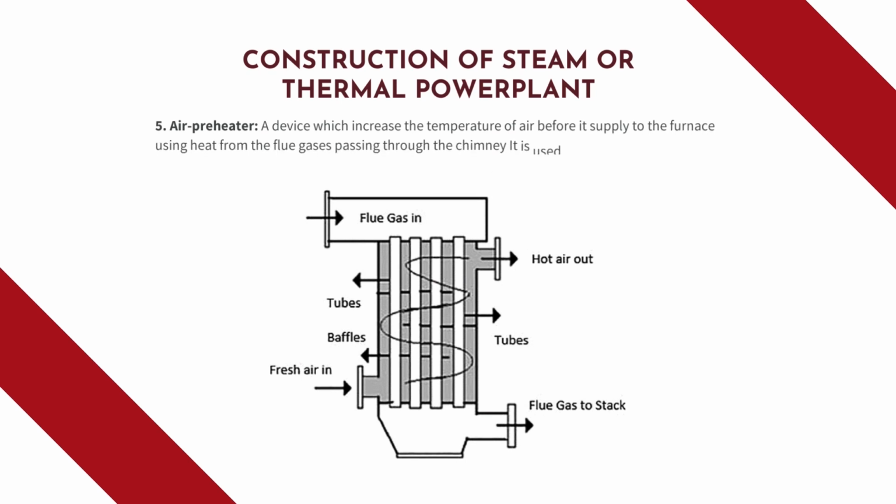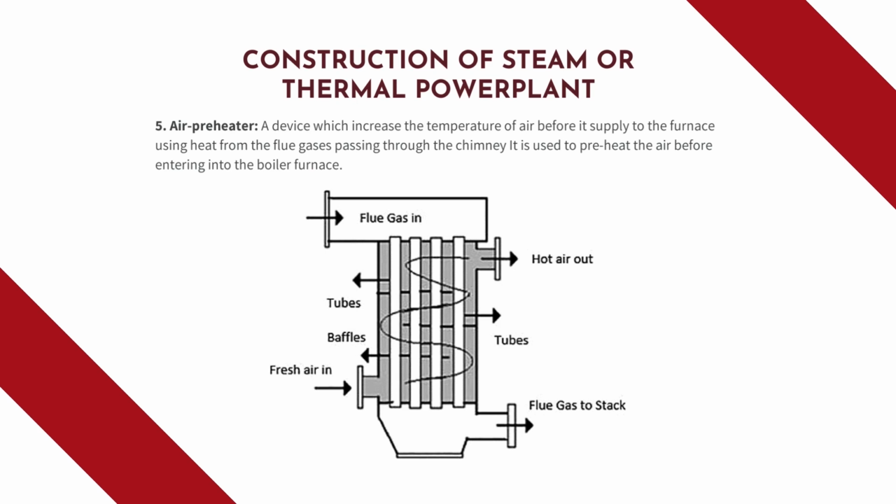An air preheater is a device which increases the temperature of air before it is supplied to the furnace, using heat from the flue gases passing through the chimney. It is used to preheat the air before entering the boiler furnace. Here in this picture we can see a clear view of the air preheater, where flue gases are going to enter the air preheater.